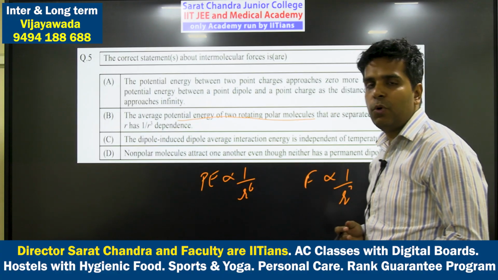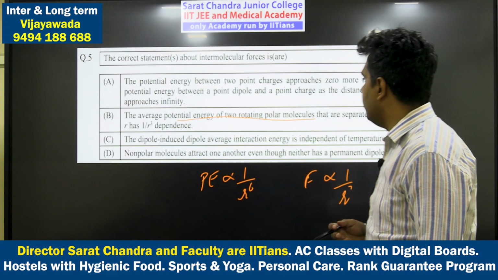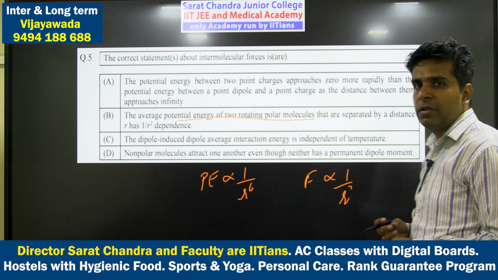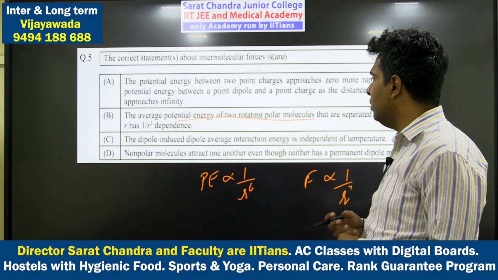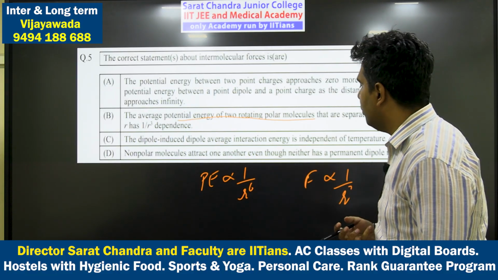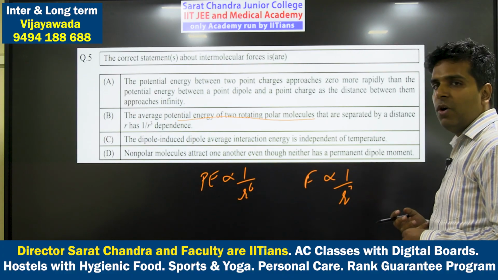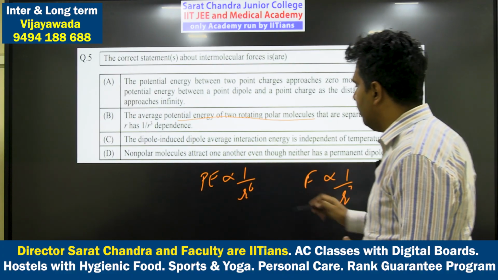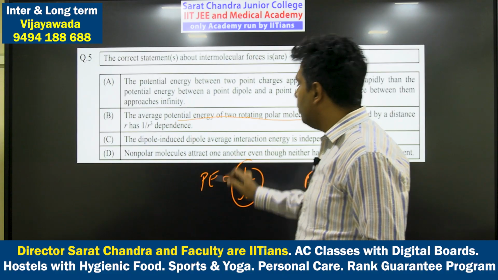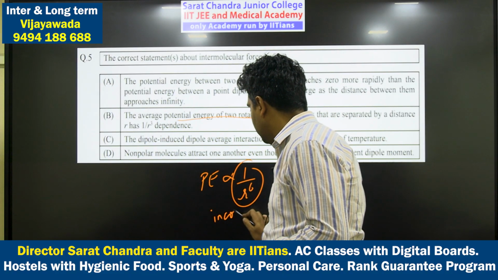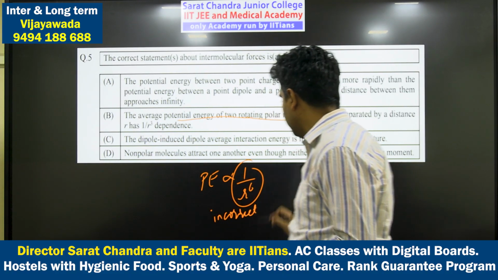So 2 rotating polar molecules are nothing but 2 dipoles. Here, for rotating polar molecules, the potential energy is inversely proportional to r raised to power 6. So option B is also incorrect. You have to select the correct option.